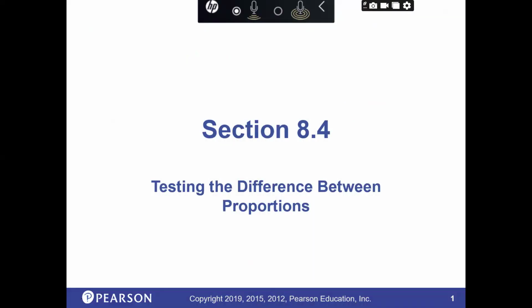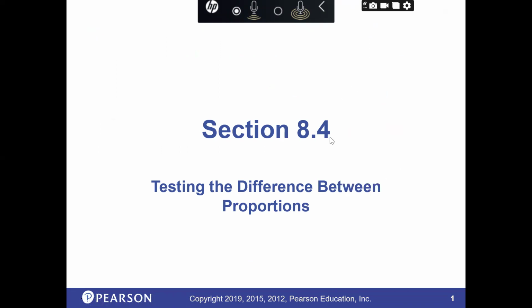So 8.4, here it is. The only thing is we're going to change our direction and we're going to look at proportions. And proportions just means percents, right? Testing difference between percentages. Let me give you the formula and we'll do one example. It's 8.4, one last equation and one last problem. Let's go.